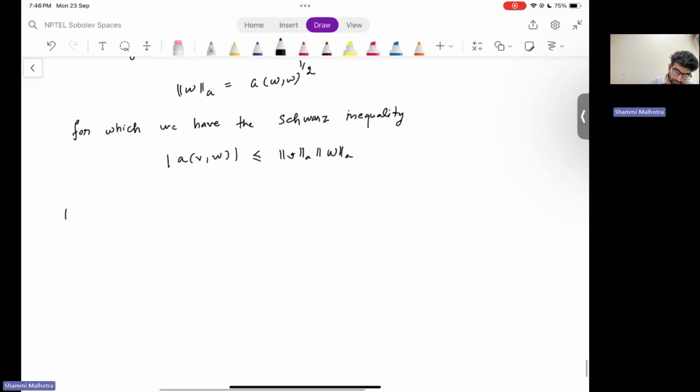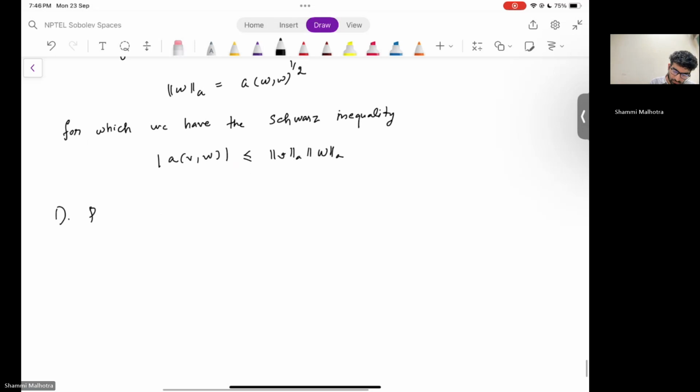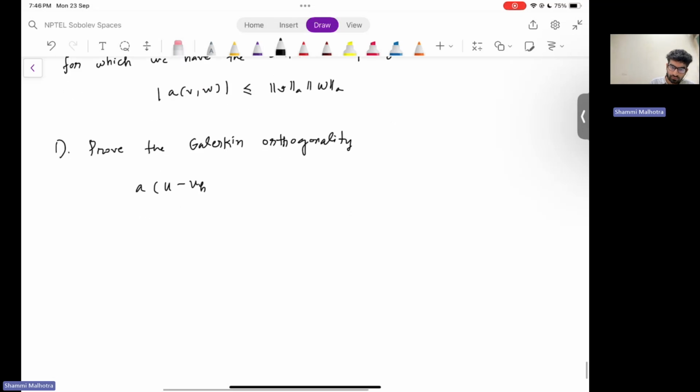The first thing we would like to prove is the Galerkin orthogonality of a(u minus u_h, v_h) equal to 0 for all v_h in V_h, u_h being the finite dimensional solution we have.